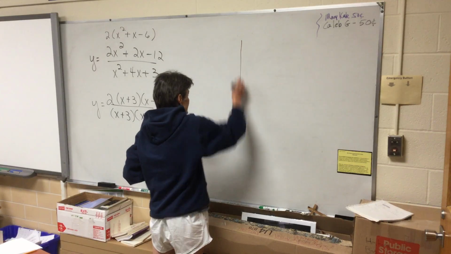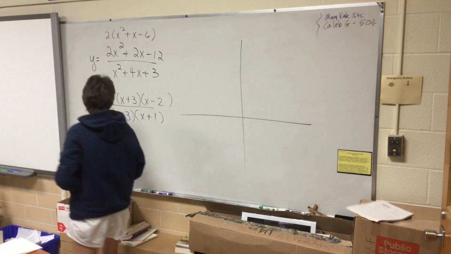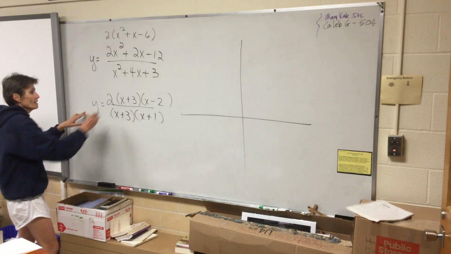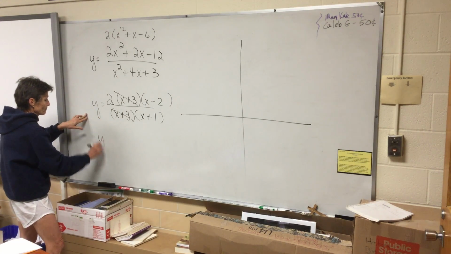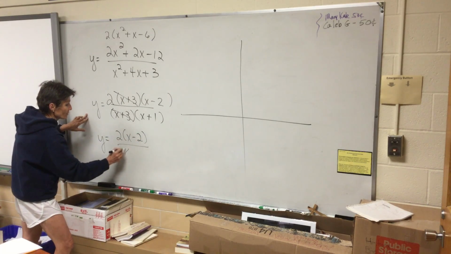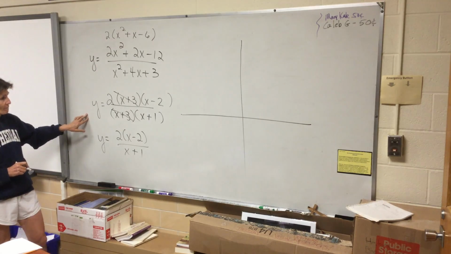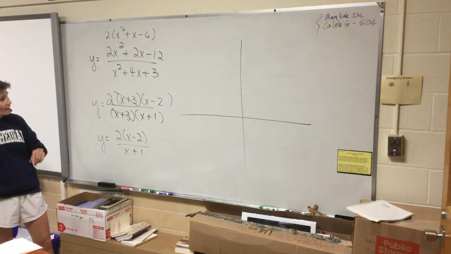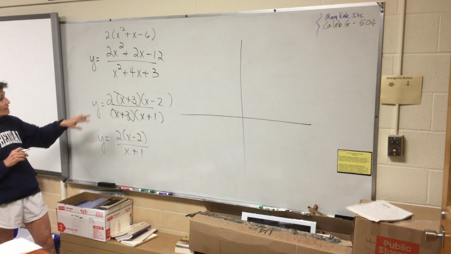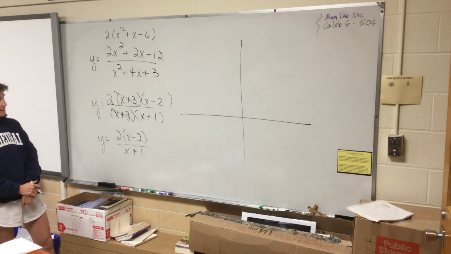And then, as sometimes happens, not always, but sometimes, we have a cancellation. And that leaves us with this. So I canceled out the 2 factors that are the same, and I am left with 2(x minus 2) over x plus 1.